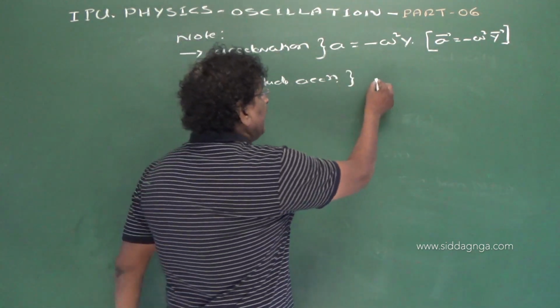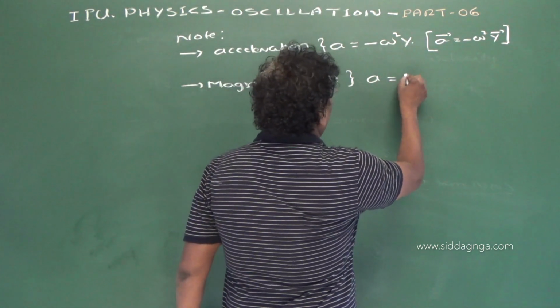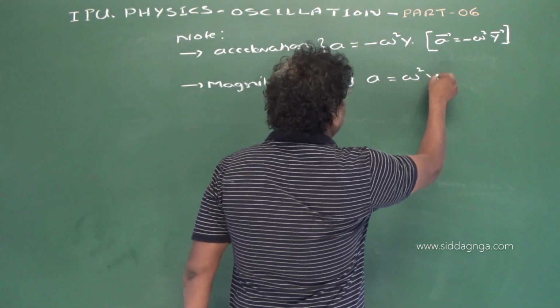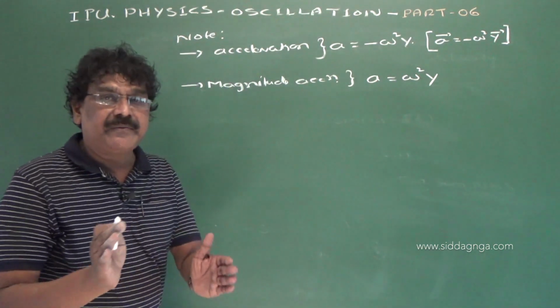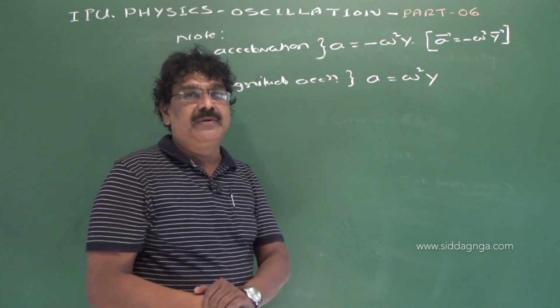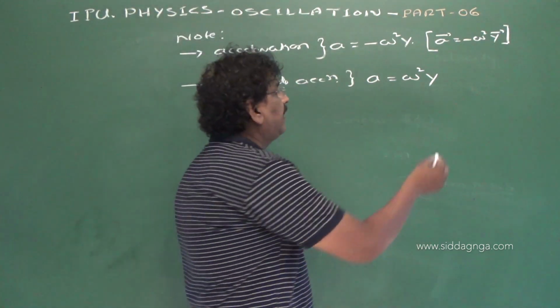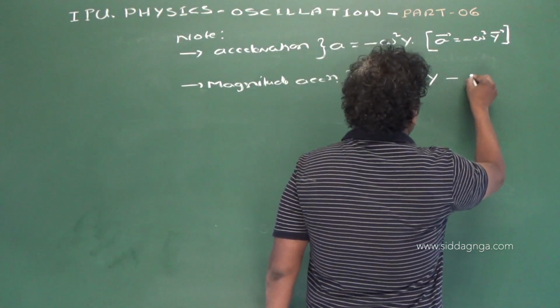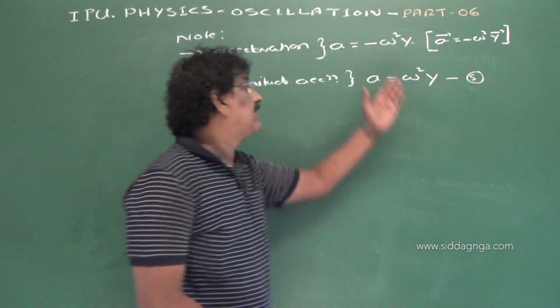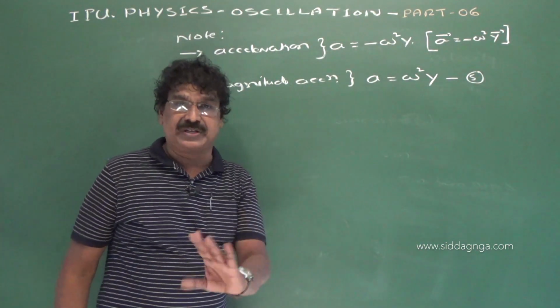Here A is equal to omega square into y, where we need only the value of magnitude because we know that the direction is always towards the mean position, and we can take this as equation 5. This is equation 4 we have in our discussion.